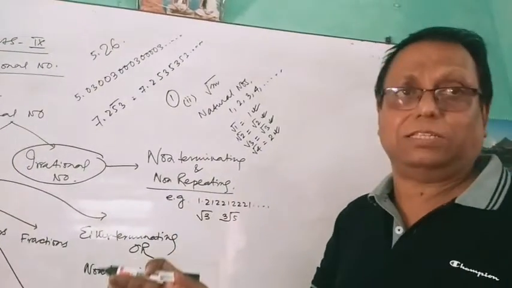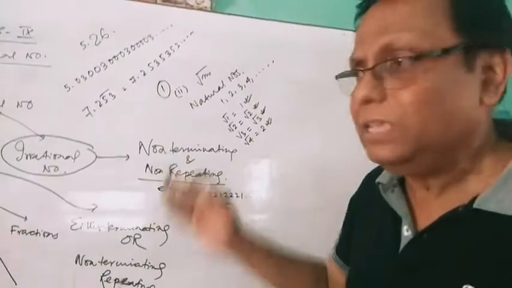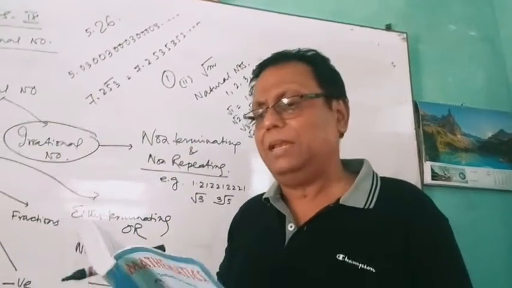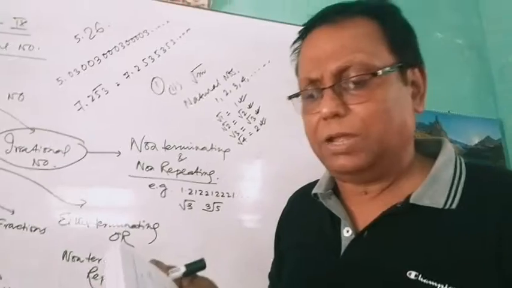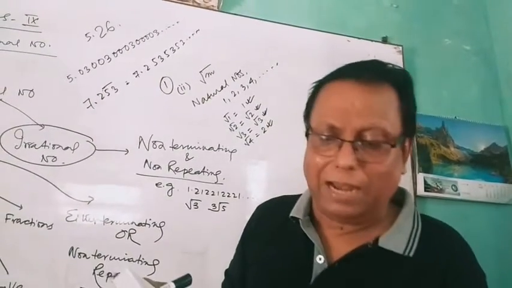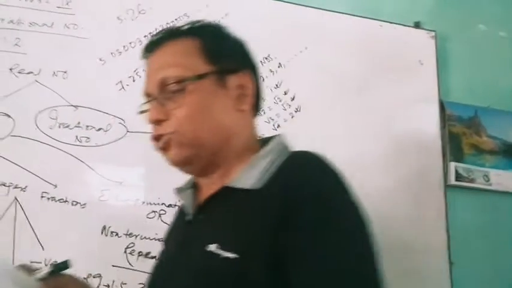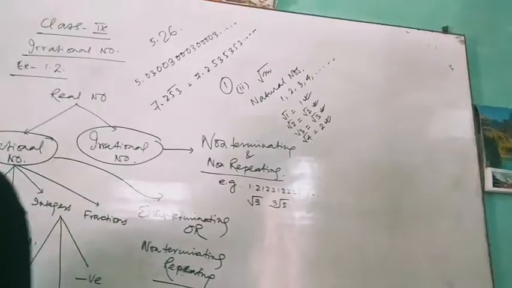In both cases, it is a real number, and a real number can easily be plotted on the number line, or the real line. Every point on the number line is of the form root m, where m is a natural number. True. The statement is true.